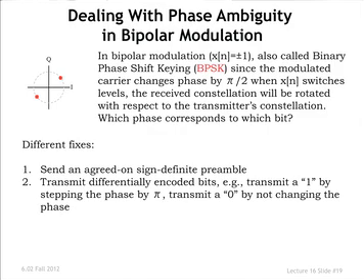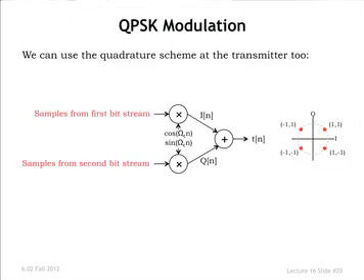Now, playing this game with sines and cosines can actually also be done at the transmitting end, and we haven't explored that in class, but it's something that you could think about. So we've been talking about taking the samples and multiplying them onto a cosine carrier. You could have another bit stream whose samples you multiply onto a sine carrier, and you can just add them together and send them over the channel.